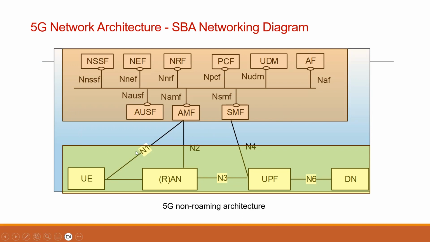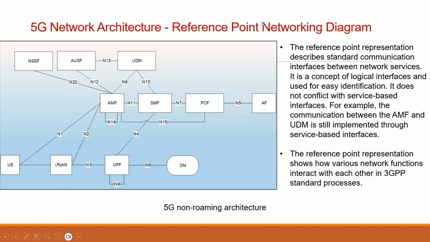The user plane runs on your reference interfaces, like you can see here. The UE communicates over N1 with AMF. AMF communicates with RAN over N2. RAN and UPF communicate on N3, SMF and UPF on N4, and then N6. So in the reference point, we're going to see the same: N1, N2, N3, N6, and UPF communicates internally over N9 with another UPF.